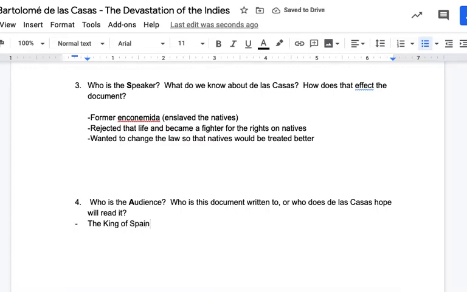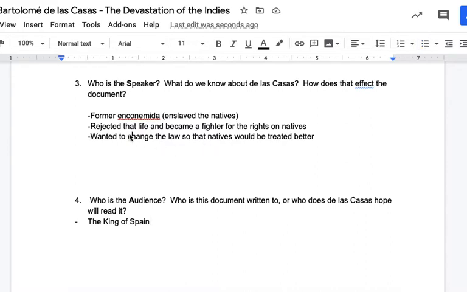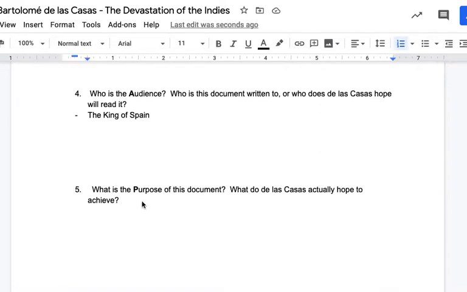So here's what we know. De las Casas says the natives are very good and we are very bad, and we have killed 99% of the people who even live in Hispaniola. And we know that he has a purpose here, which is to change the law so that natives would be treated better. And that's related to the audience. Like, who's going to change those laws? Only the King of Spain can change them.